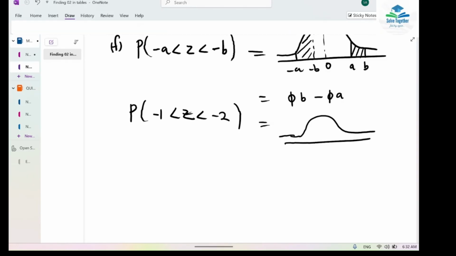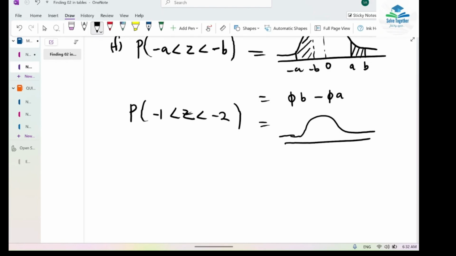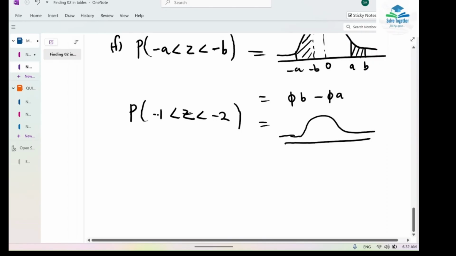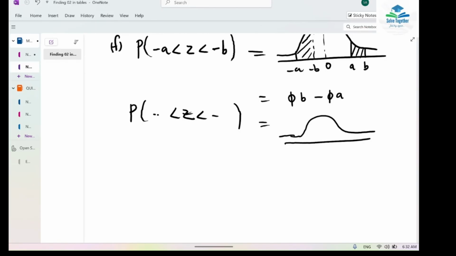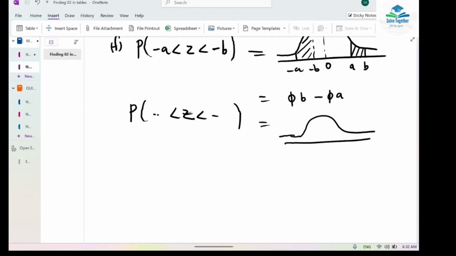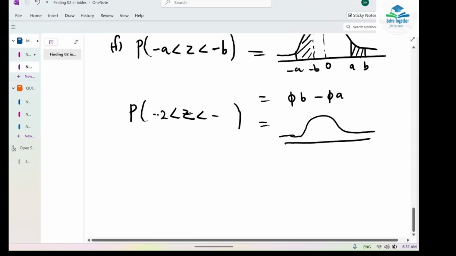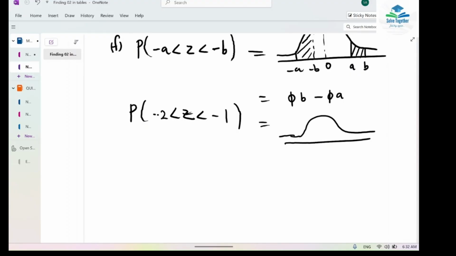Sorry, I think I got it wrong, this will be minus 2 and minus 1 here, because minus 1 is bigger than minus 2, right? So we'll put minus 2 here, and we put minus 1 here, and this will be our 0.